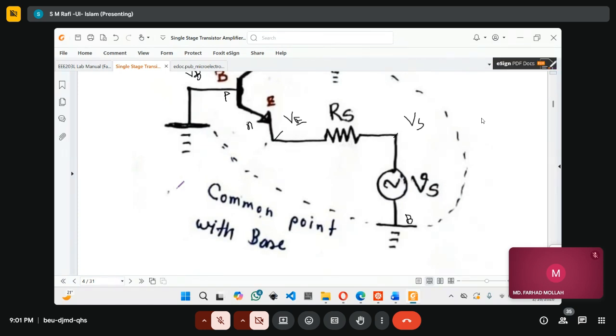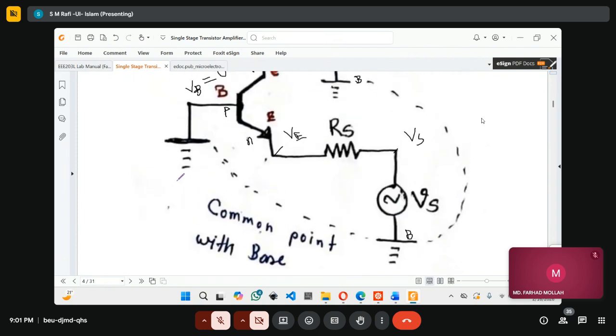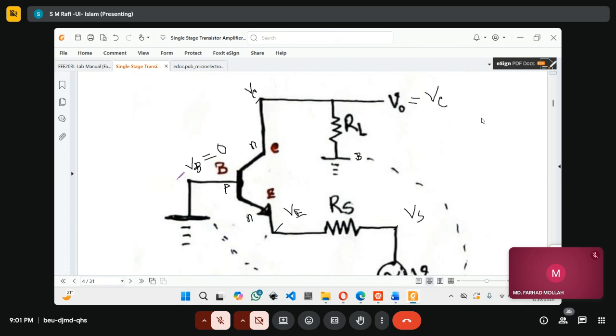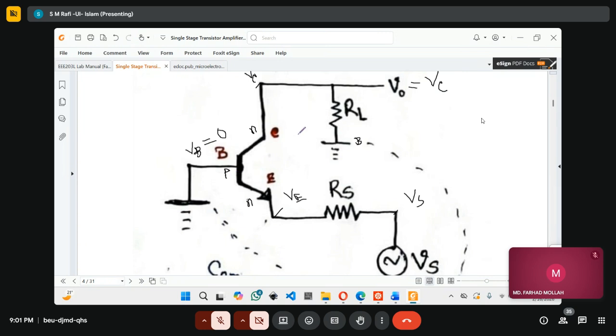Sir, why are we always taking the emitter as input here? Why not the common collector terminal? Yeah, that is a good question. Since we have emitter and collector, why didn't we put the input at the collector?